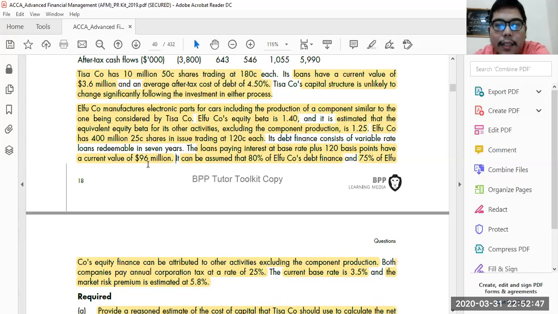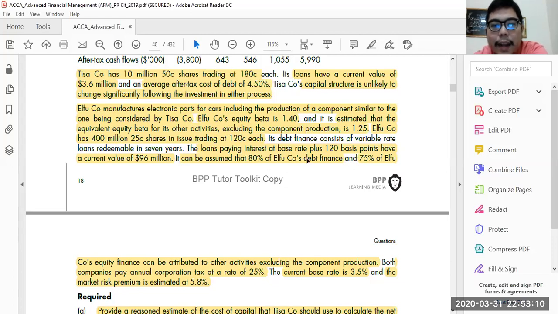So meaning that in this case, 80% of the 96 million debt finance belongs to the other activity. 75% of the equity, $1.2 times 400 million, belongs to the other activity.